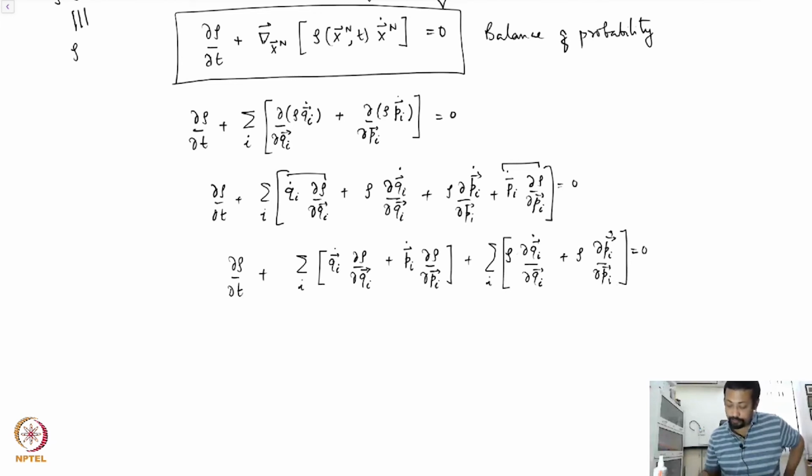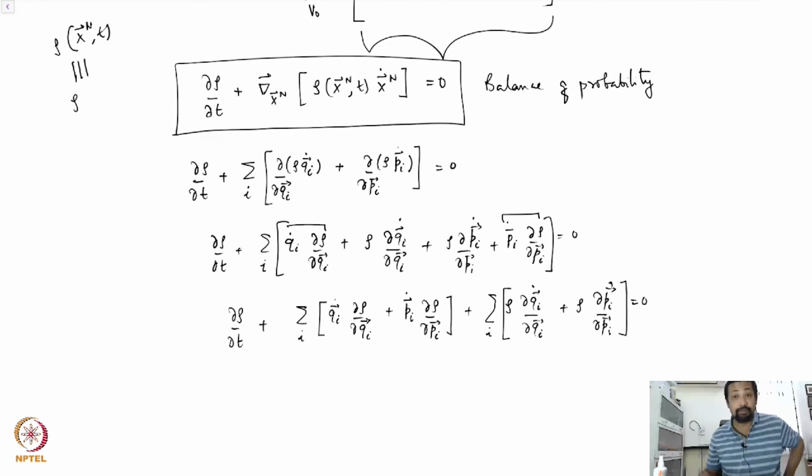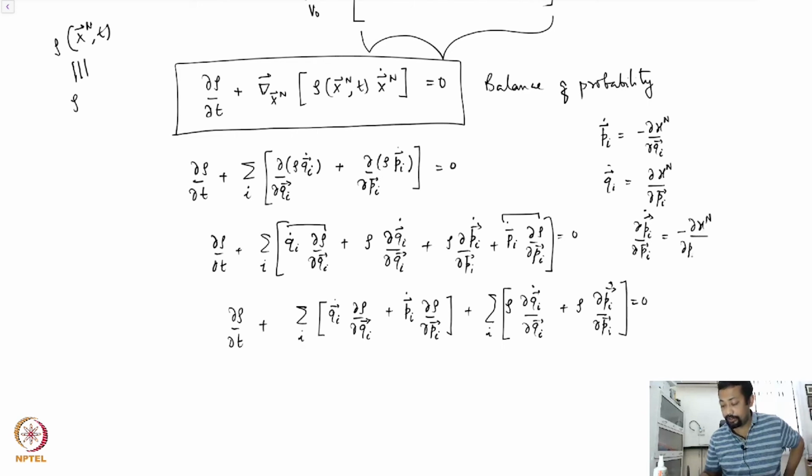is equal to 0. Now recall your Hamilton's equations of motion, which say that pi dot is minus del Hn del qi, and qi dot is del Hn del pi. So this means that del pi dot del pi is equal to minus del of Hn del pi del qi.